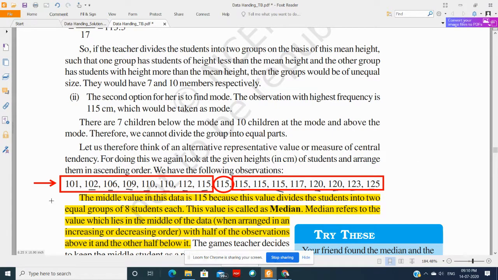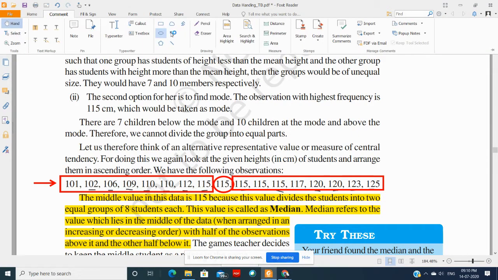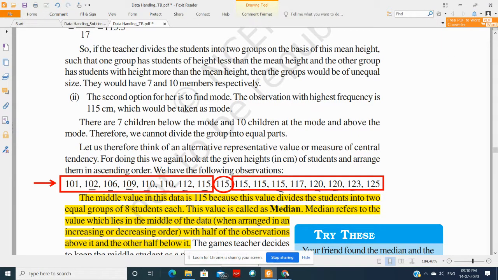This is what median is all about. The middle value in this data is 115, because this value divides the students into two equal groups, 8 students each side. In this box 8 students, and in this box also 8 students. So this value is called the median. 115 becomes your median.